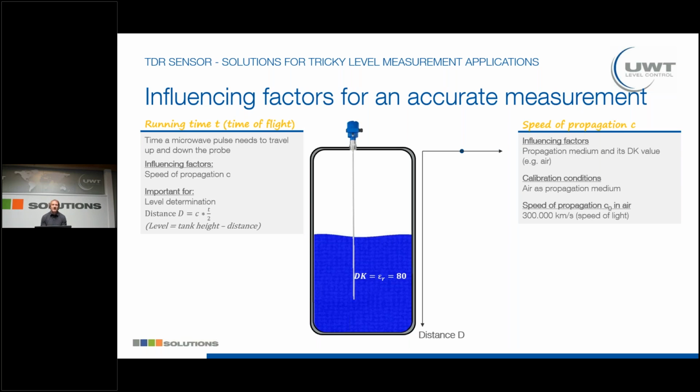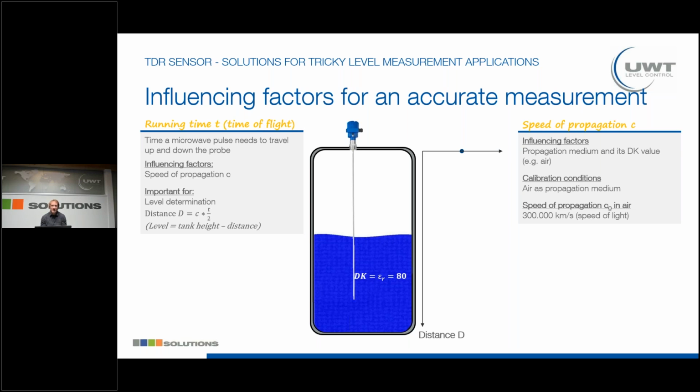And what influences this time is the speed of propagation, and this is normally in air the speed of light. And with those two parameters, we can then determine the distance from the top of the vessel to the surface of the medium.